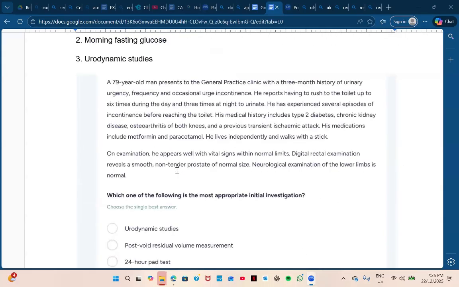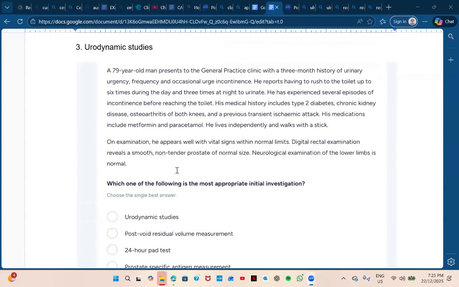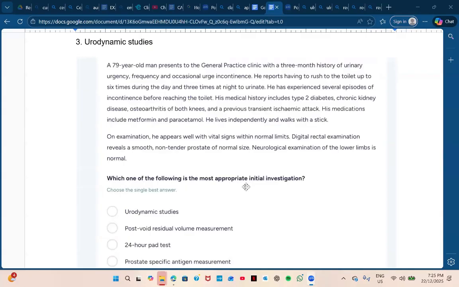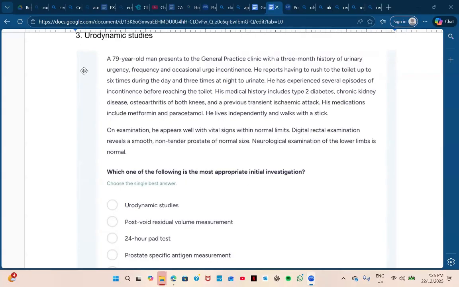Okay, let's do this question and come back. A 79-year-old man presents to the GP clinic with a 3-month history of urinary urgency, frequency, and occasional urge incontinence. He reports having to rush to the toilet up to 6 times during the day and 3 times at night to urinate.